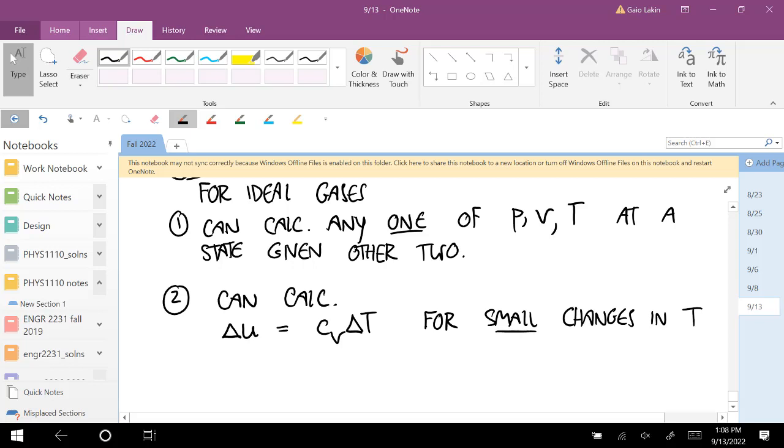For liquids, you can do it for much bigger changes in temperature. And third, you can calculate CV or CP given the other one.